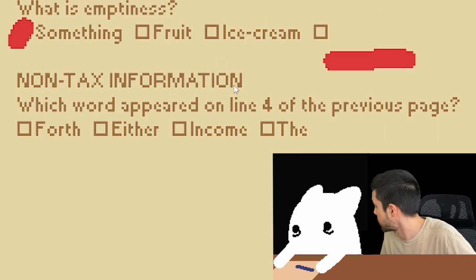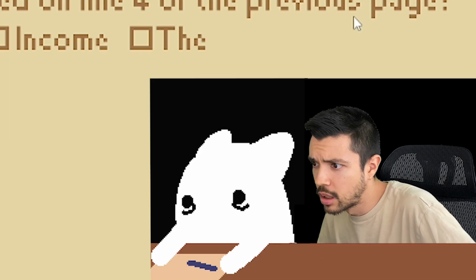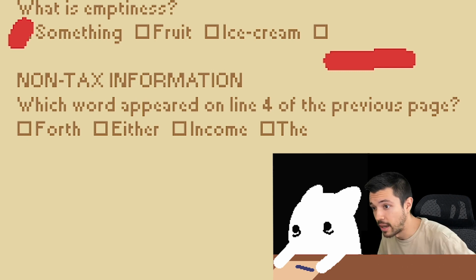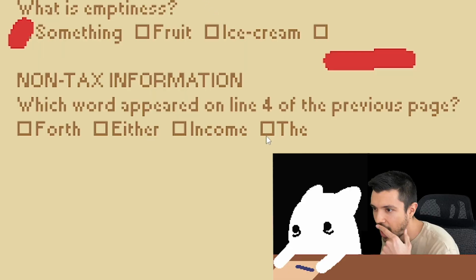All right, this is non-tax information, so it's something a little bit more tertiary. Which word appeared on line 4 of the previous page? Oh gosh, I'm gonna be straight with you, Baba. I don't remember. Which word appeared on line 4 of the previous page? Do you remember? I feel like "the" would probably be the answer.